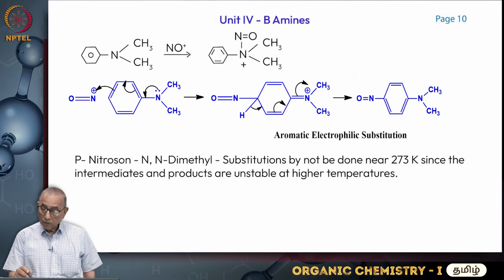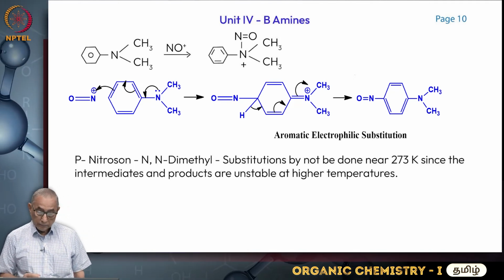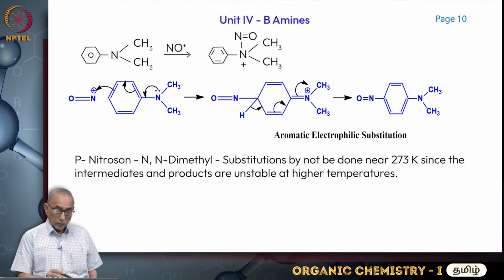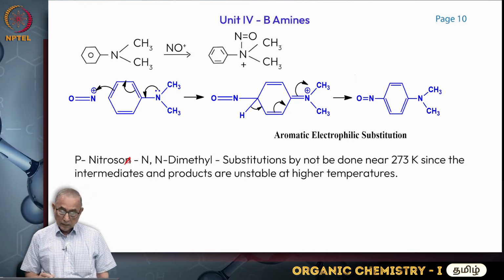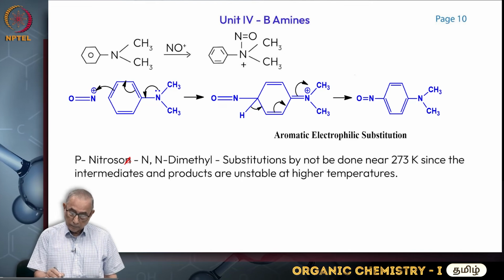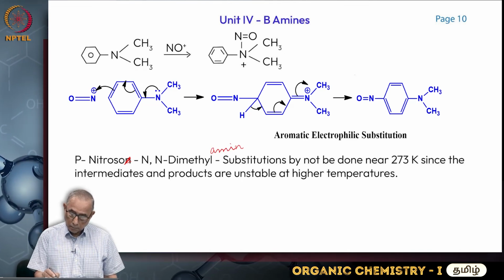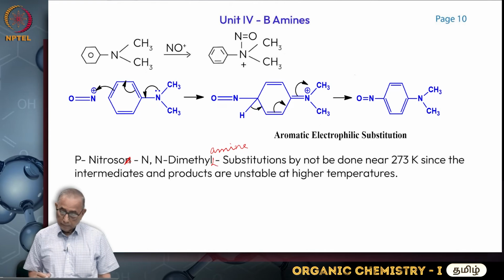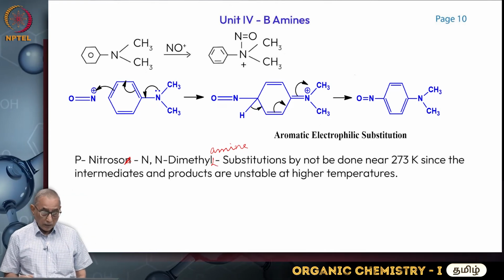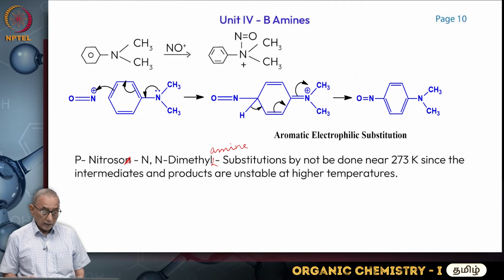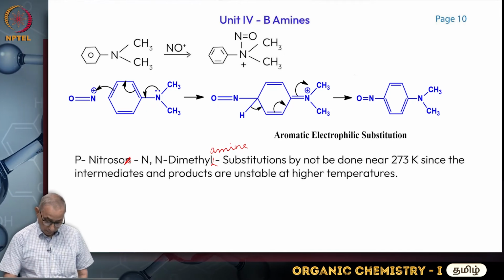You get 4-nitroso N,N-dimethylamine, para-nitroso N,N-dimethylamine. This should be done near about 0 to 10 degrees, as this NO plus group is very unstable.